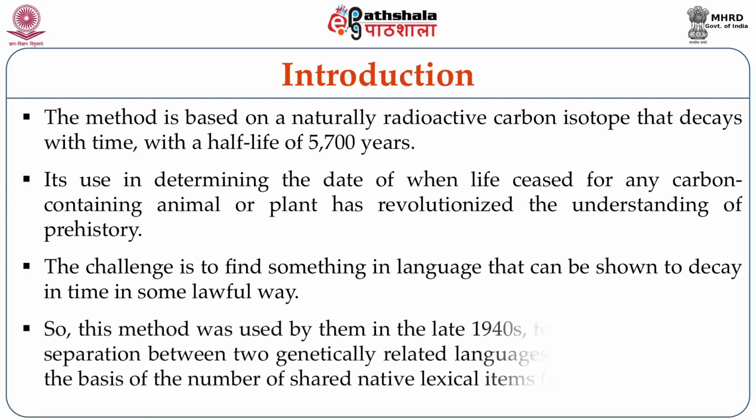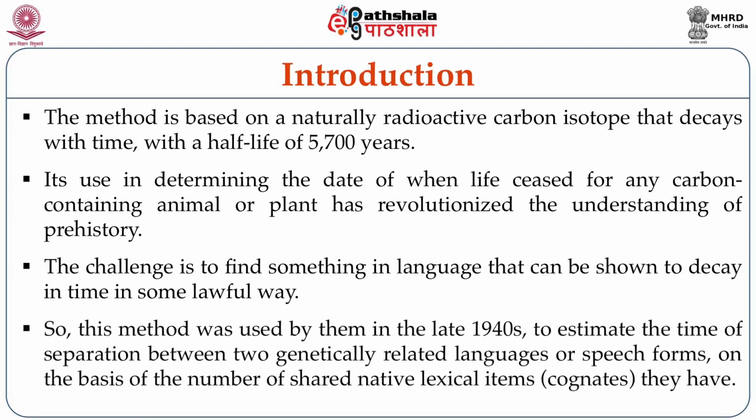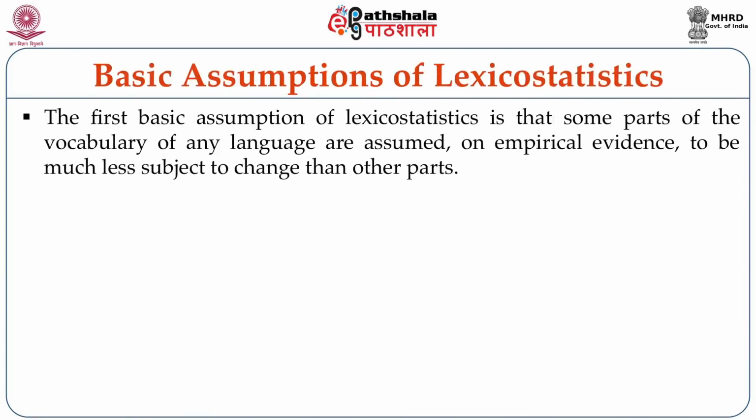So, this method was used by them in the late 1940s to estimate the time of separation between two genetically related languages or speech forms on the basis of the number of shared native lexical items, called cognates, they have. As I said, the basic assumption of lexicostatistics or glottochronology is that some parts of the vocabulary of any language are assumed on empirical evidence to be much less subject to change than other parts.